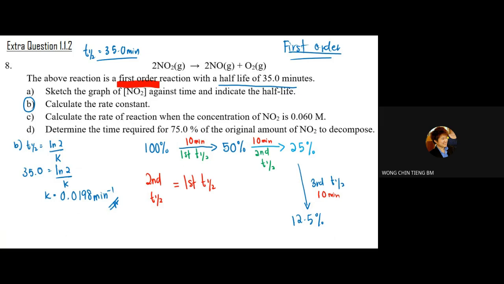Alright, questions 1 to 9. Any other question?